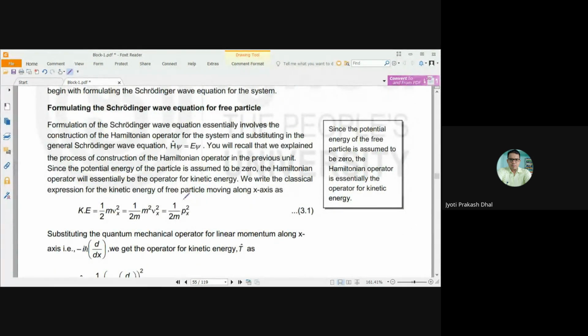And after that, we will formulate the Schrodinger wave equation for the free particle. Formulating the Schrodinger wave equation essentially involves the construction of the Hamiltonian operator of the system, because we know that the general Schrodinger wave equation is H cap psi equals E psi. Here H cap is nothing but the Hamiltonian operator.